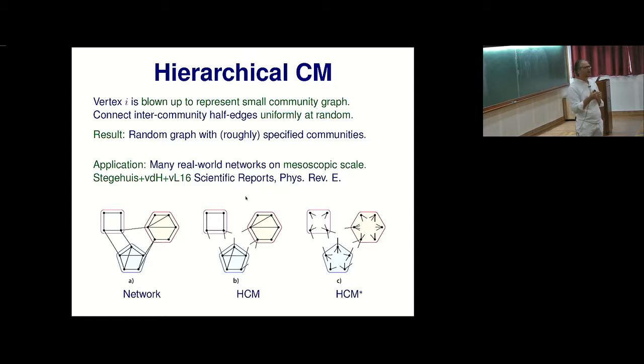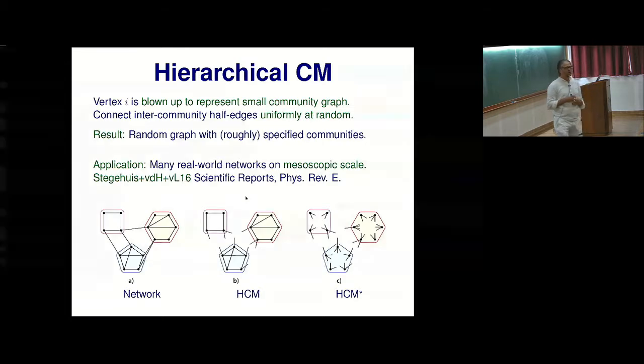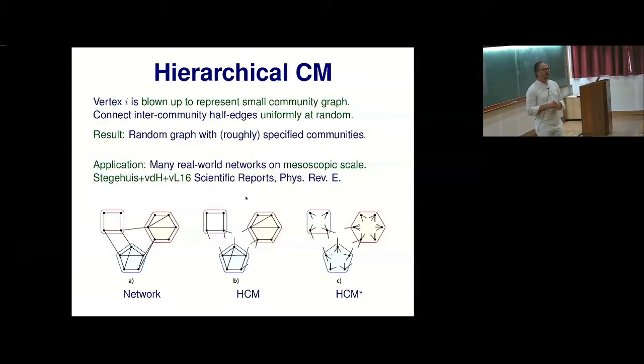And in a very similar way, you can also prove that the number of triangles converges to a Poisson random variable. A Poisson random variable is not very large, and what you tend to see in real-world networks is that the number of triangles grows linearly with the size of the network. So these models typically don't have that. This means that they're somehow locally tree-like.